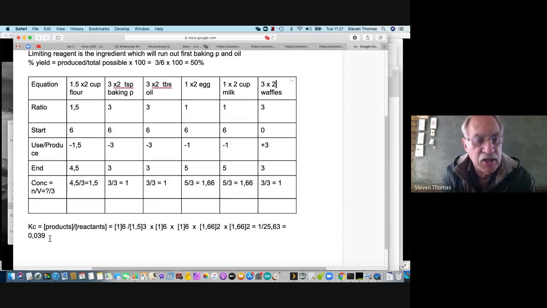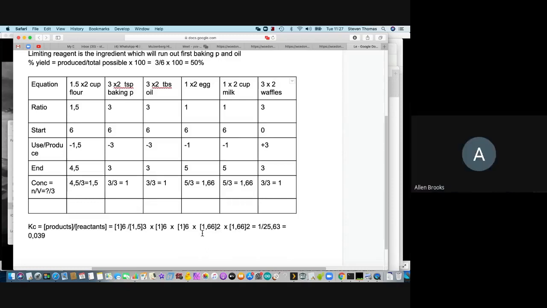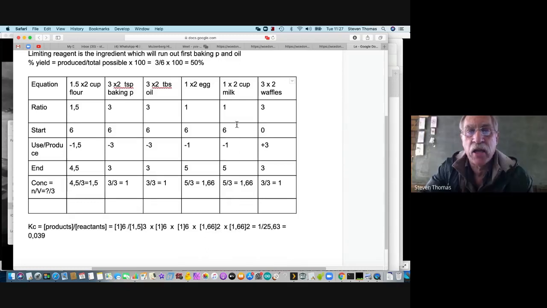So that Kc is just a number, it doesn't have a unit. It's a ratio of products over reactants. This would be considered a small Kc, which means we didn't produce much waffle for all the ingredients that we had. Everyone happy? Yes. Okay.